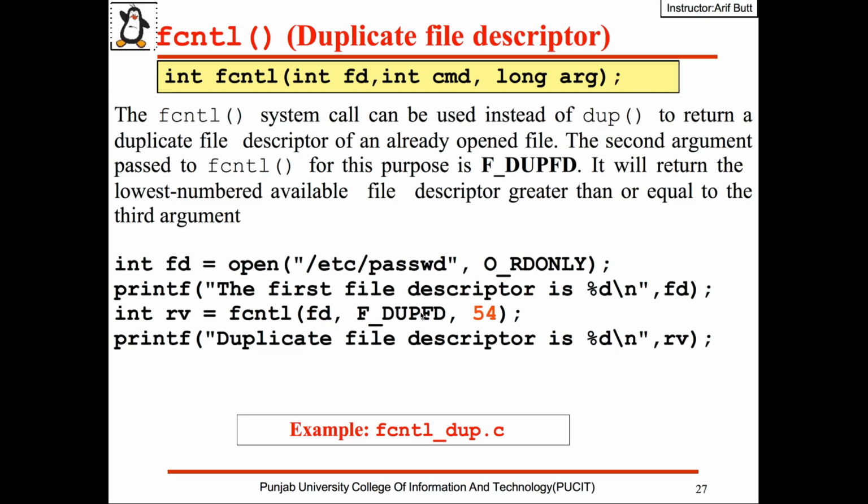You pass F_DUPFD over here, and the third argument is a number, and fcntl will try to get you the lowest available file descriptor greater than or equal to this argument. So it is always better to place a 0 over here, but I have placed 54. So most probably the 54 will be empty and you will get a 54 in this return value. Anyway, so fcntl can be used to duplicate a file descriptor. Please go through this example, which is available on my Bitbucket account.